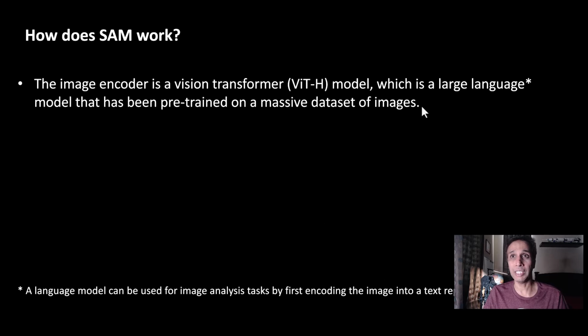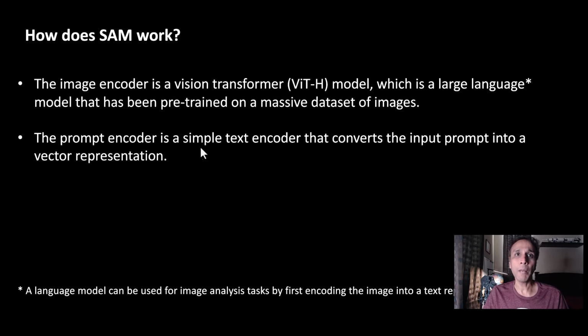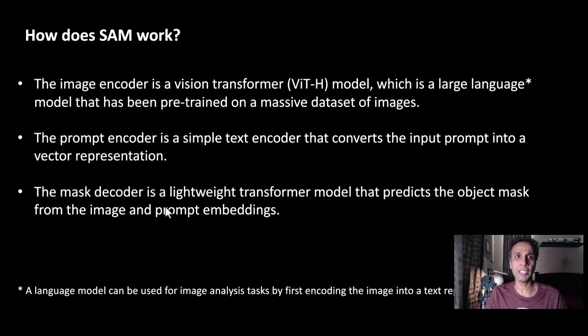That's exactly what these components do here. And then the prompt encoder is basically a simple text encoder that converts your input prompt. It can be text, it can be points, like I already mentioned. It converts that into a vector representation. And the mask decoder is basically a transformer model that predicts the object mask based on these input embeddings.